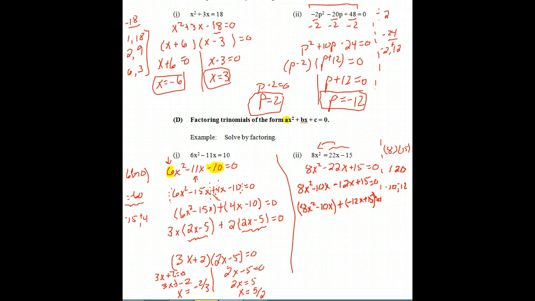Then we're going to factor inside each set of brackets. Here I can take out a common factor of 2x. Here I can take out a common factor. Now, when there's a negative in front like this, factor out the negative. So I take out a negative 3.